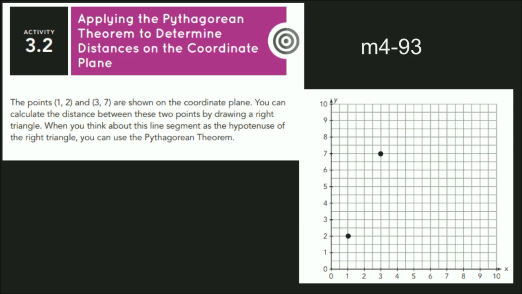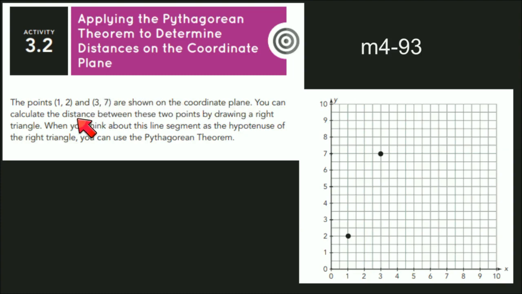Our title here is Applying the Pythagorean Theorem to determine the distance on a coordinate plane, and we talked about that in what we were learning today. As we go through this, we need everybody reading, everybody participating, helping us out. It says the points (1, 2) and (3, 7) are on the coordinate plane.